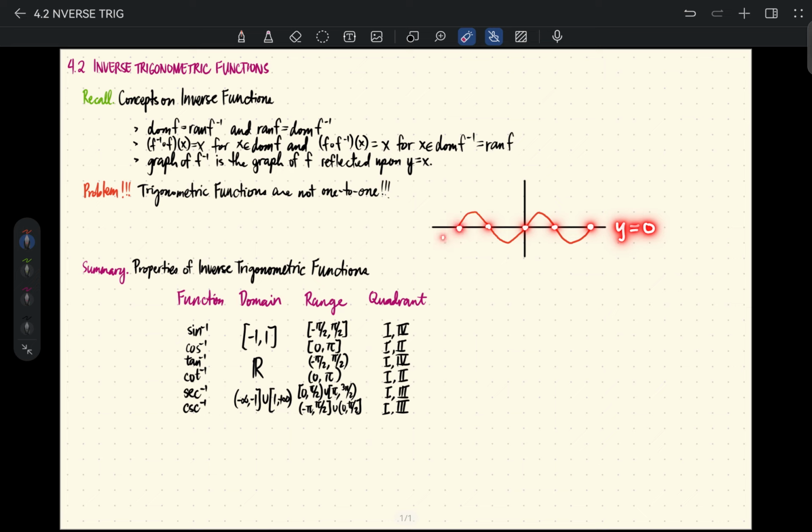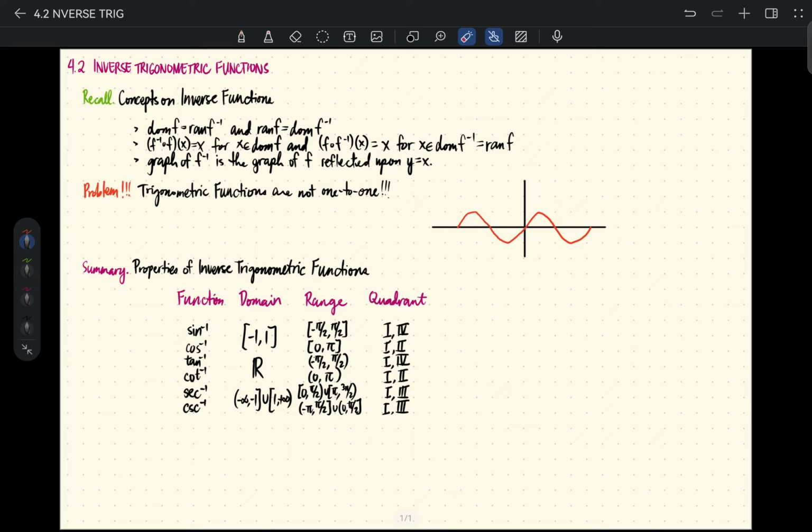So it's not the case that every y value corresponds to exactly one x value only. In this case, you have 1, 2, 3, 4, 5 x values corresponding to y equals 0. So your sine function is not one-to-one.